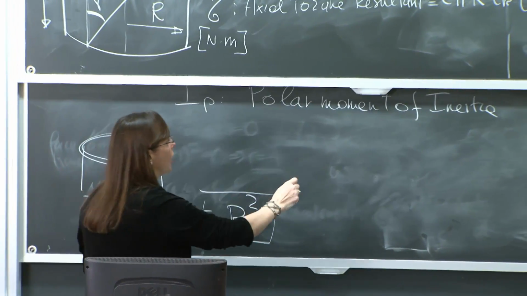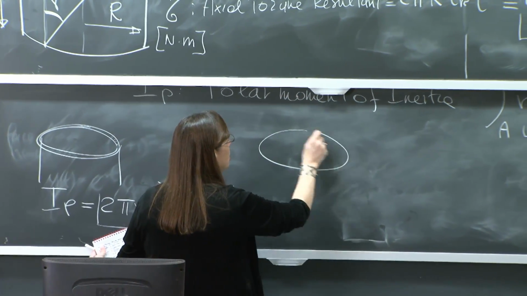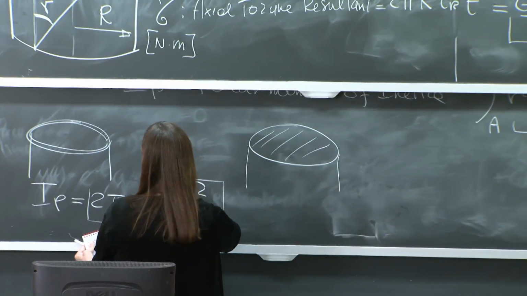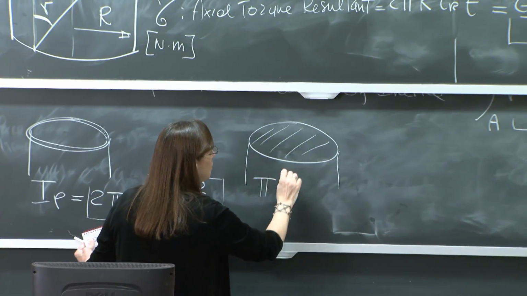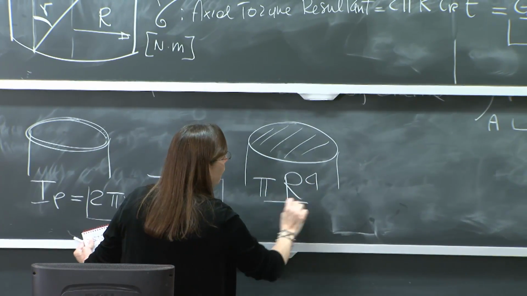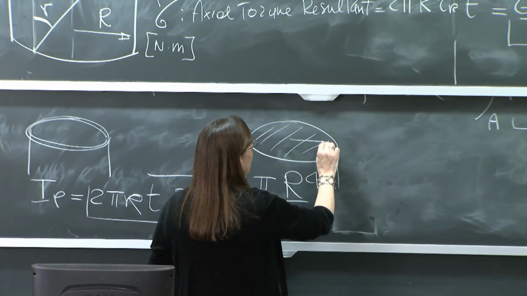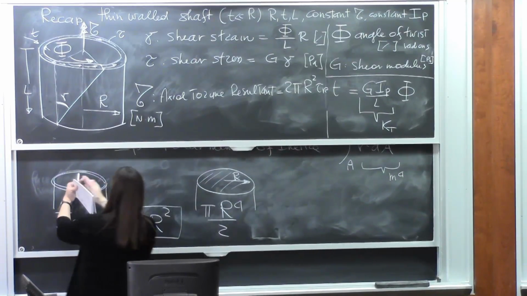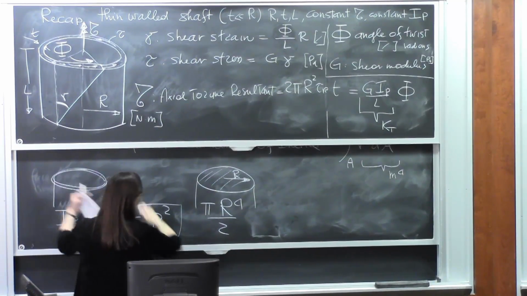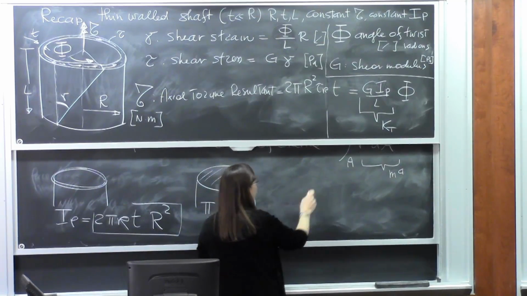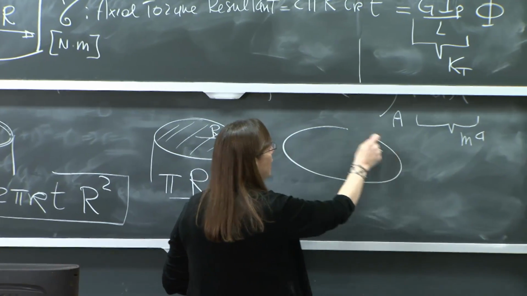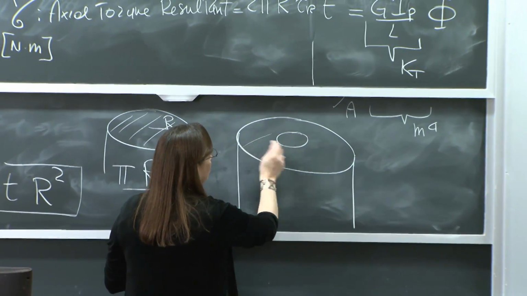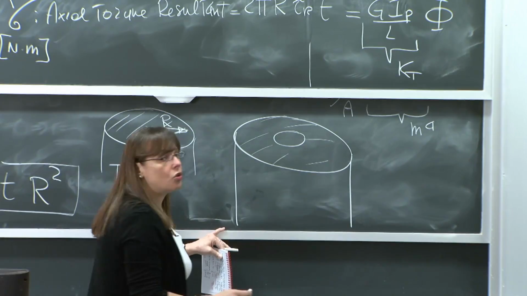If we do the integral over a shaft which does not have a hole in the middle, you're going to find that this is pi r to the fourth over 2, if r is the radius of the shaft. You integrate over the thickness of the shaft. And if your shaft is hollow but not thin-walled, then you use superposition.